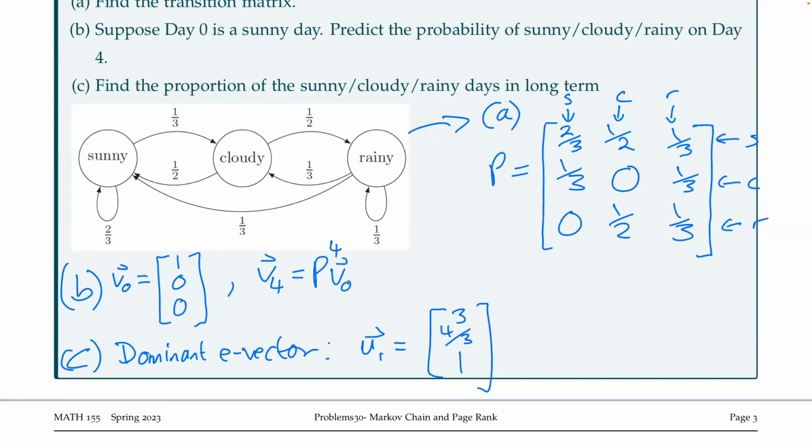Now, whenever we take a power of a matrix, this does seem to be a problem for lots of students. All this is saying is we're doing P times P times P times P times V0. Okay, this is matrix multiplication.